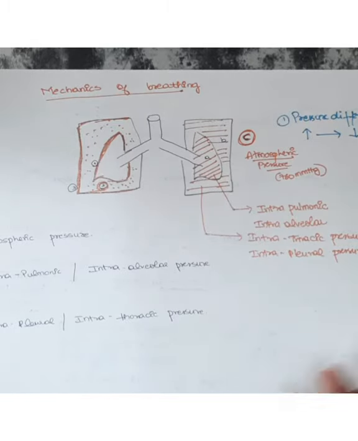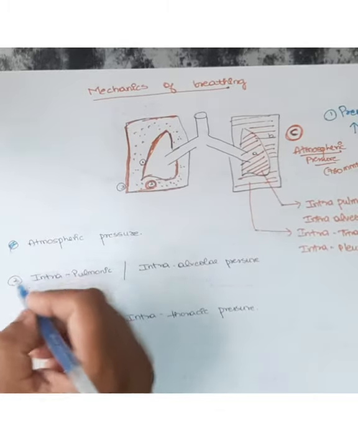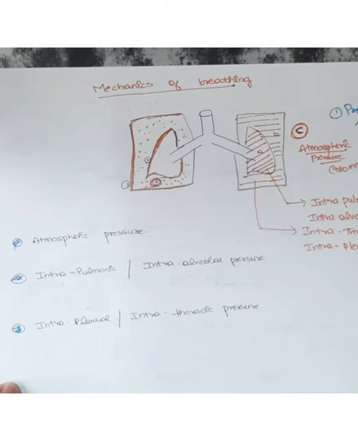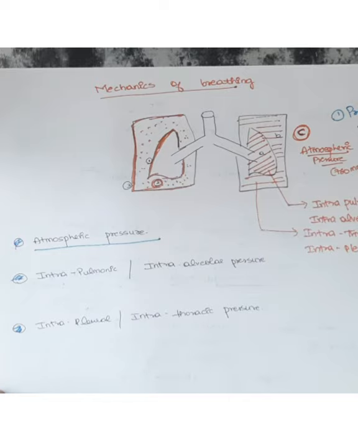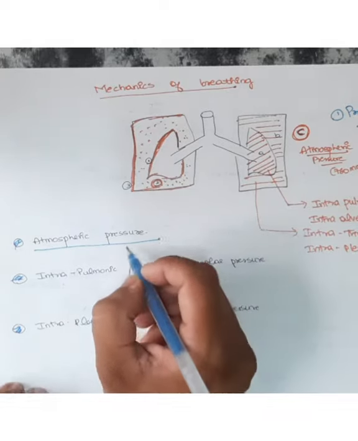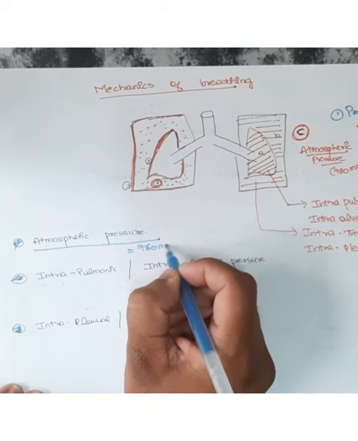So now, what is the importance of these pressures? Atmospheric pressure is given by the total gases that are present in the atmosphere, that is about 760 mmHg.